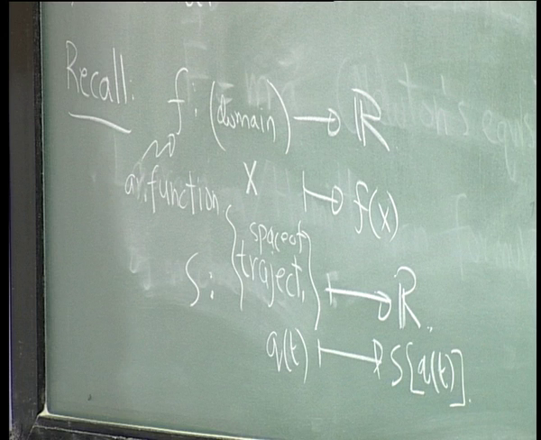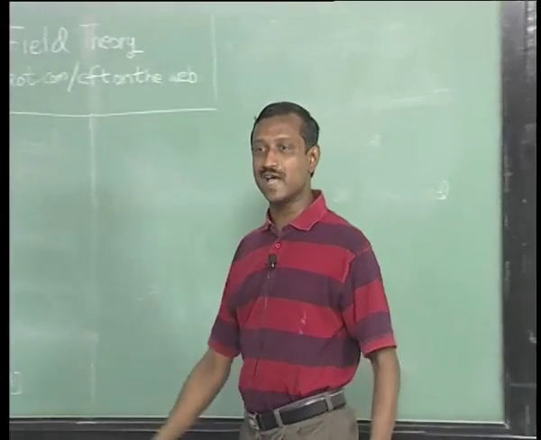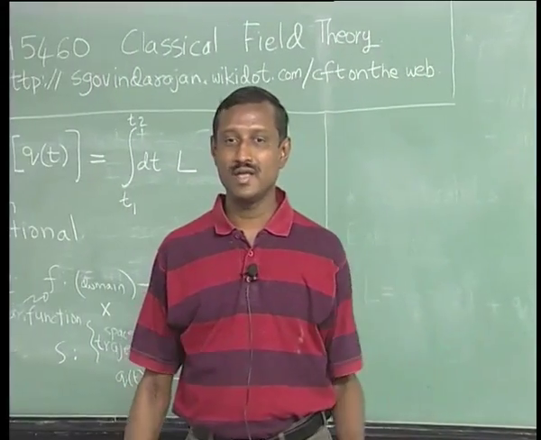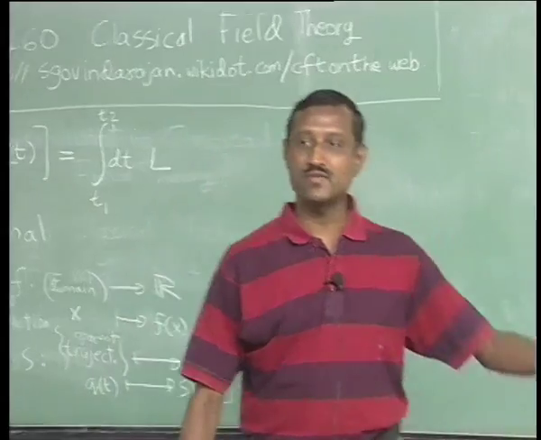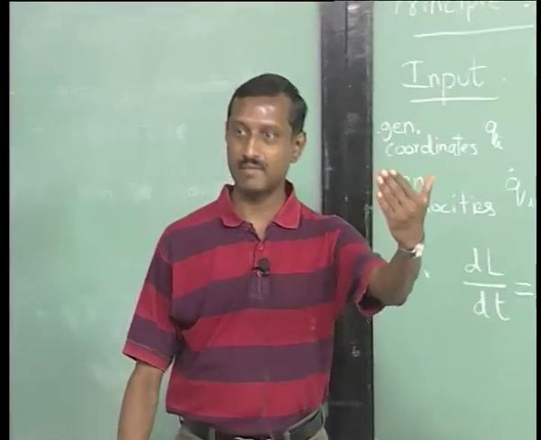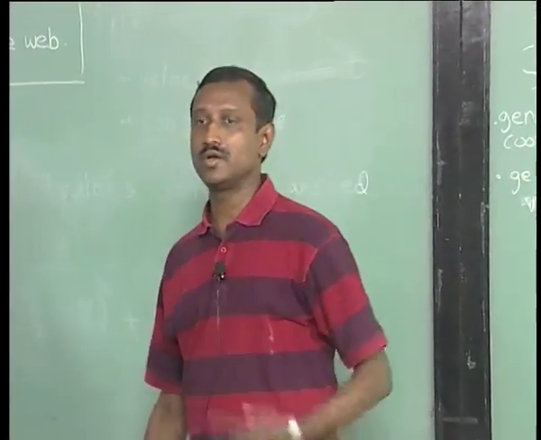So, now if somebody gives you a function, you would like to ask, as in a first course in calculus, you are asked to find its extrema, in other words points where the function takes a maximum value, local maximum or a local minimum.